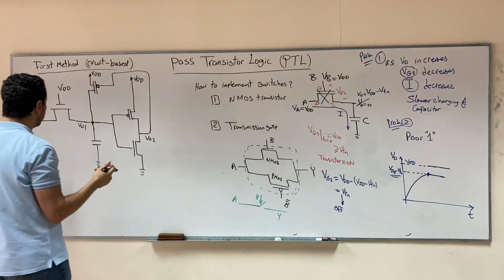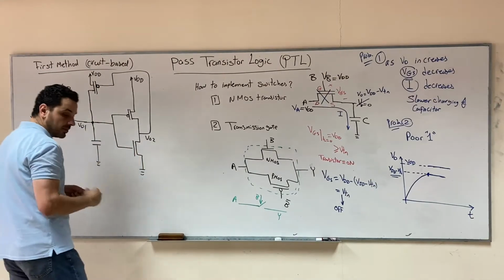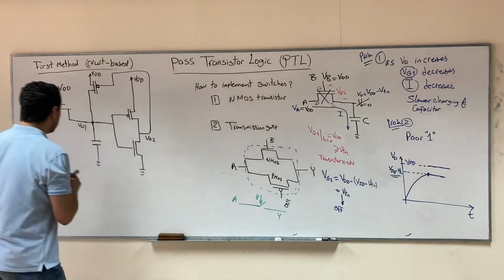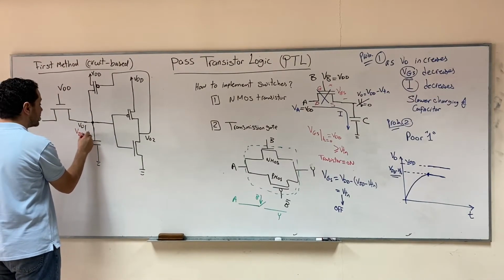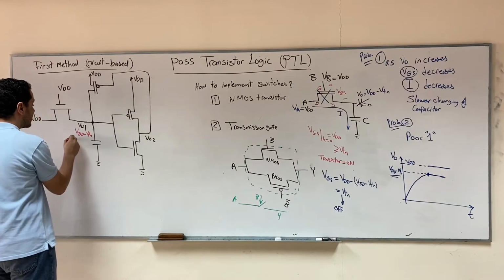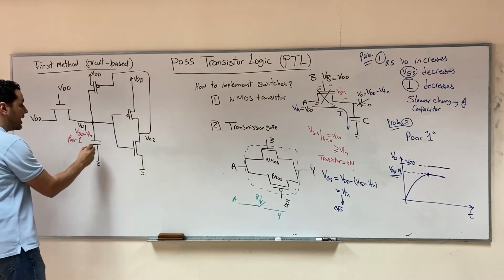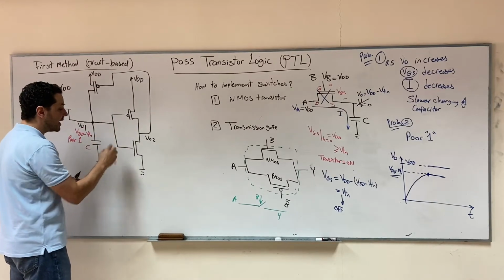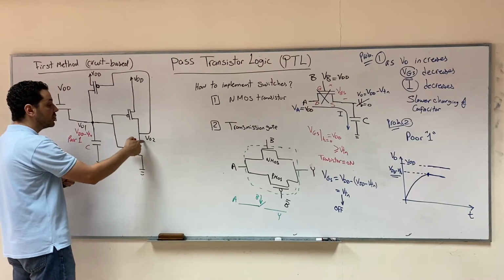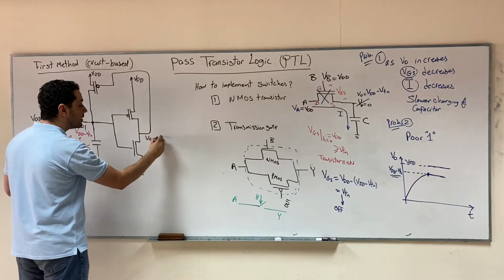This connection can solve our problem because if you assume that in the beginning the voltage here will reach VDD minus V threshold, which is the poor one, although this is a poor one, it will cause the output of the CMOS inverter to be low, 0.